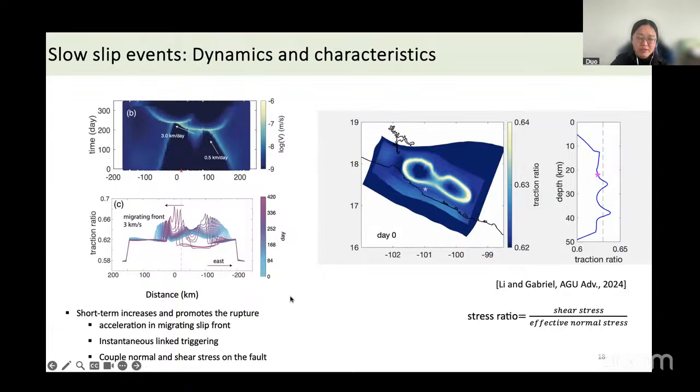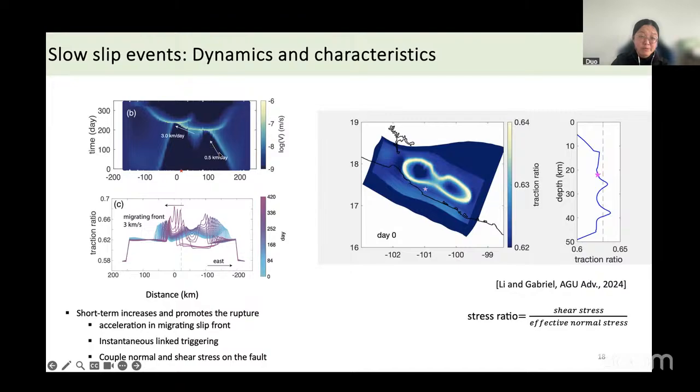So what is the stress evolution during this long-term slow slip? In the figure on the left, the x-axis is along-strike distance, and the y-axis is time. We first plot the slip rate variation with time and space.